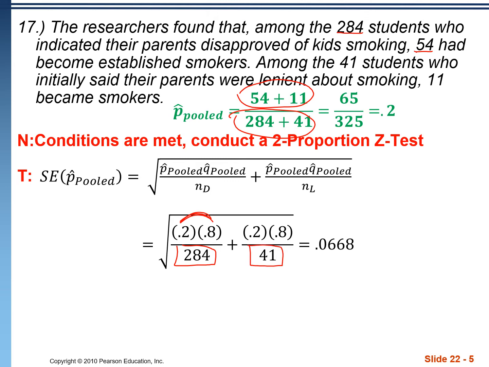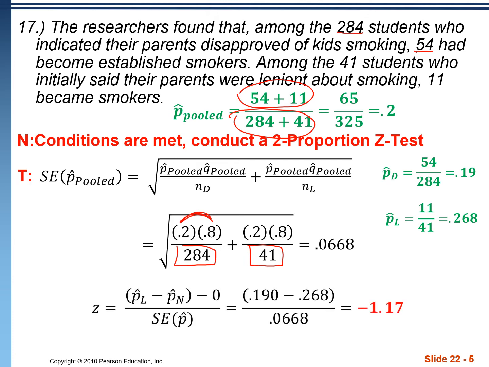And to find the test statistic, we need the actual proportions from each group. So among students with parents who disapprove of smoking, 19% eventually smoked. Among students who had lenient parents, 0.268 smoked. Okay, is that difference large compared to the standard error, based on that null hypothesis value?